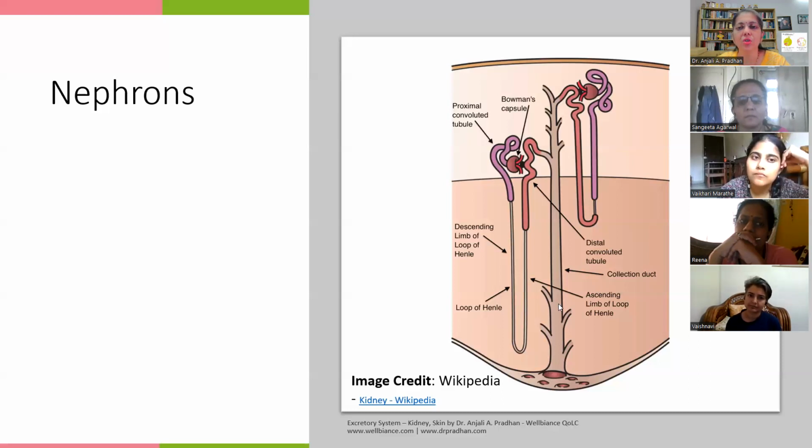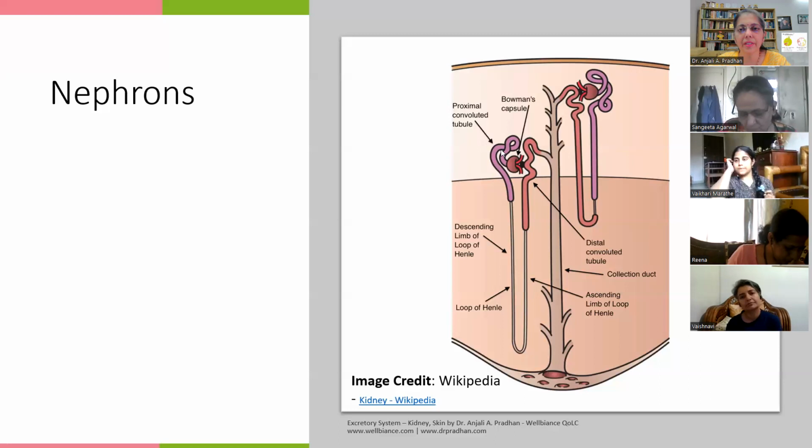So the basic unit of the kidney is nephron. So the glomerulus and proximal convoluted tubule are present in the cortex. So descending loop of Henle, ascending loop of Henle, and some part of the distal convoluted tubule are present in the renal medulla.